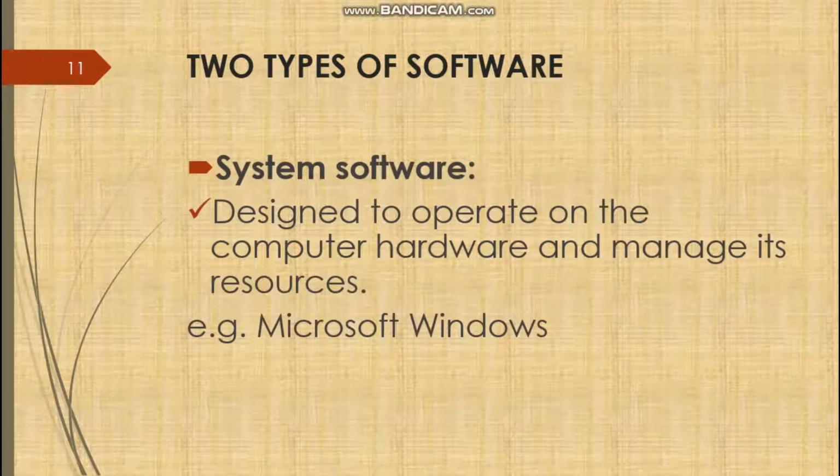What is system software? System software is designed to operate on the computer hardware and manage its resources, for example Microsoft Windows.